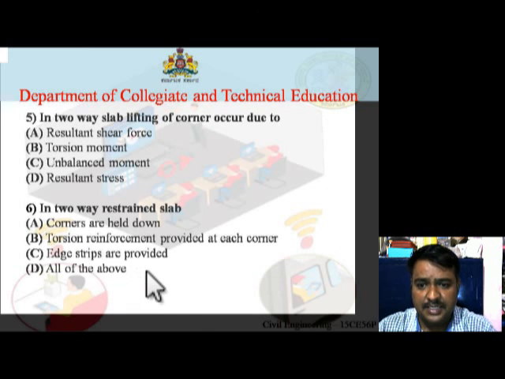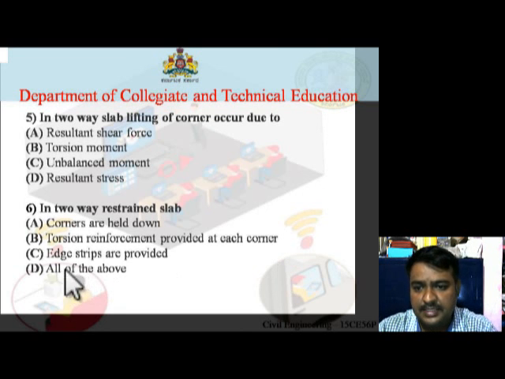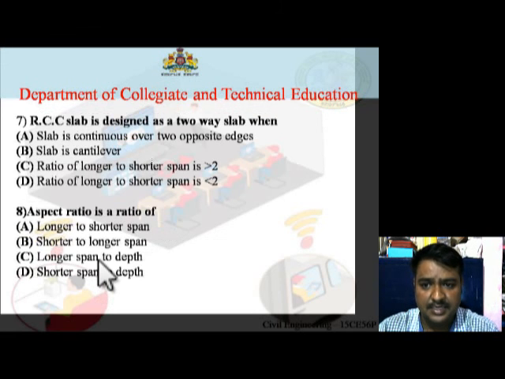The right answer is, in two-way restrained slab, all the above. Corners are held down, torsion reinforcement provided at each corner, edge strips are provided, and all the 3 hold good. So all the above is the right answer. Answer D is the correct answer.